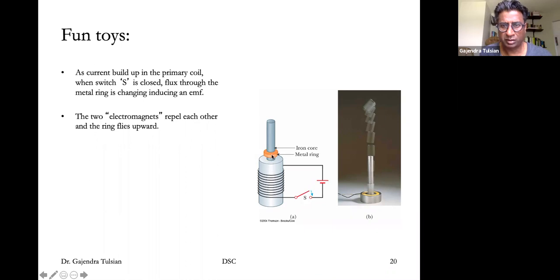So the flux through this metal ring changes, and then an EMF is induced in this ring, which produces an opposite magnet, and the two magnets repel each other. So the ring will fly up. This is a pretty cool demonstration. This thing can fly up to the ceiling of the classroom. So that momentary change in flux causes this to be repelled.